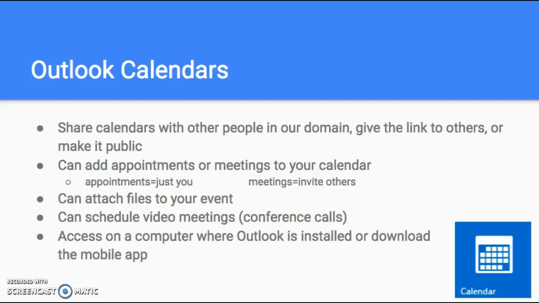You can attach files to your event, so you can add any sort of PDF or document that you need to. And you can also schedule a video meeting, which would be considered a conference call.